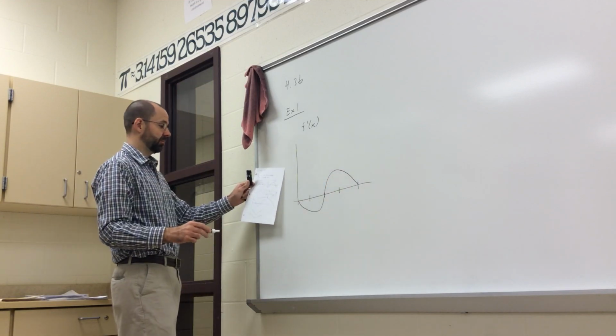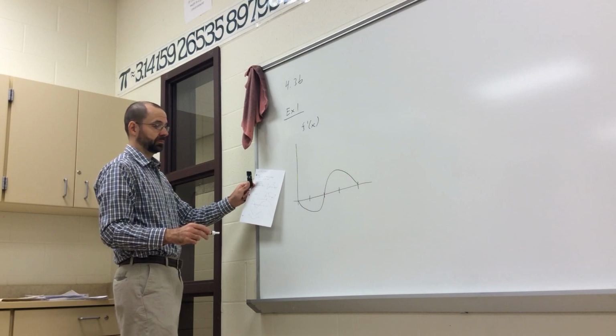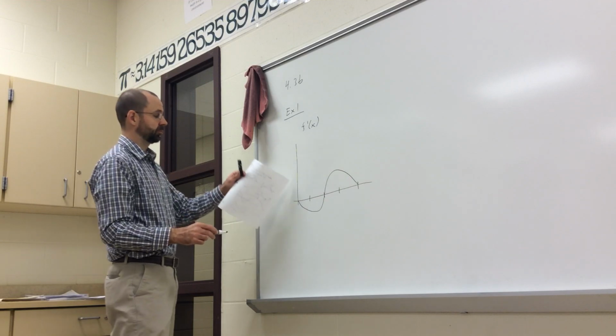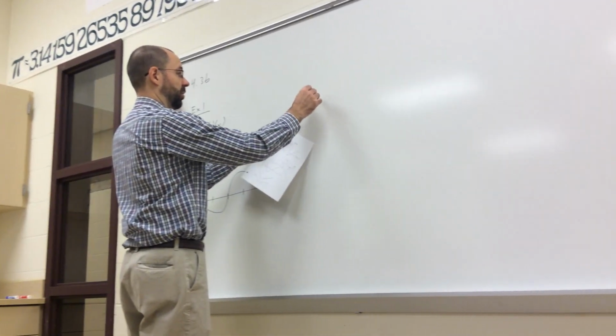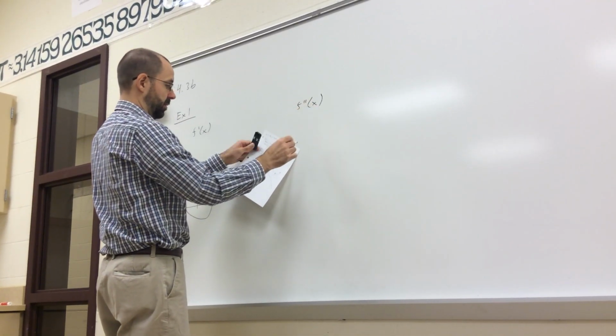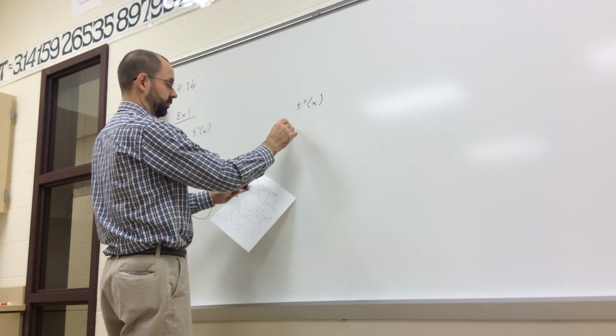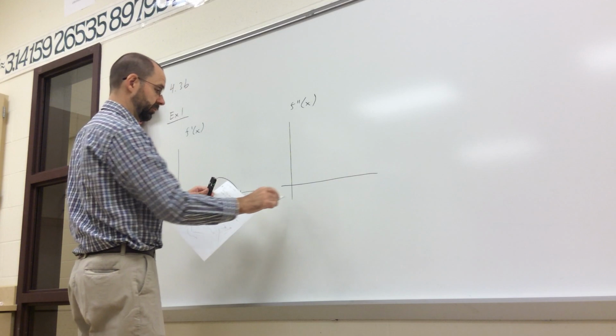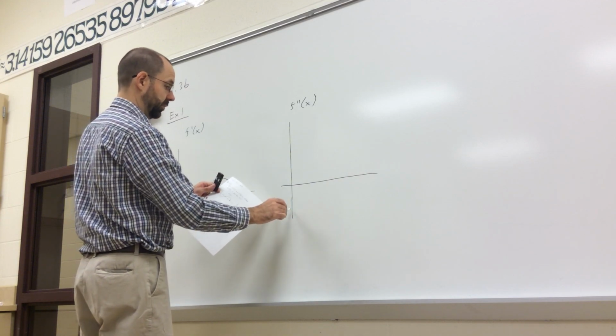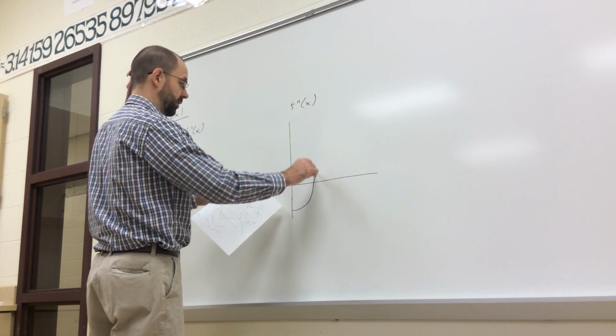So that's f prime. And the second graph is f double prime, and it looks like this.